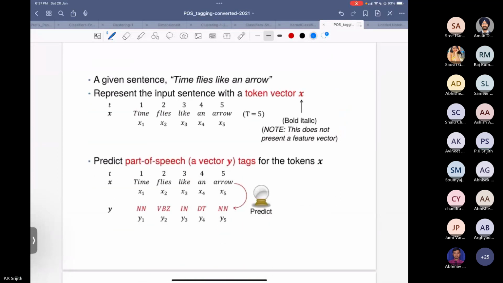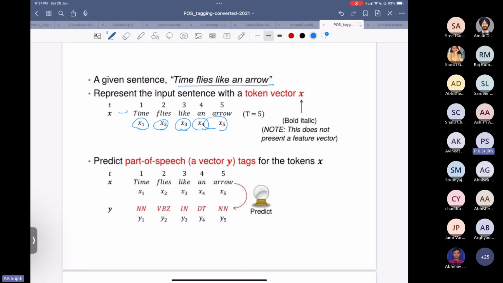So we are given a sentence, something like "time flies like an arrow". Let us represent this as the input that is given to us. The input consists of, let's say, 5 components, x1, x2, x3, x4, x5.